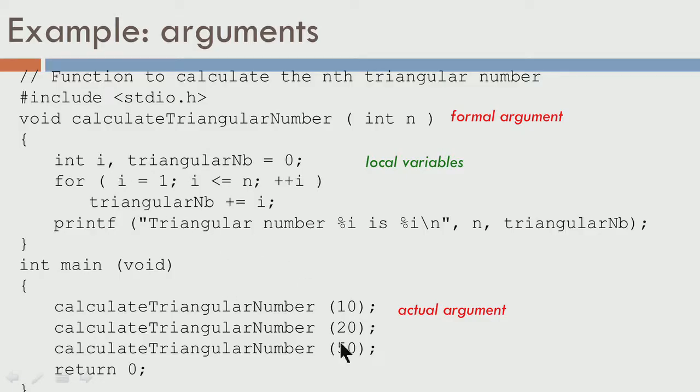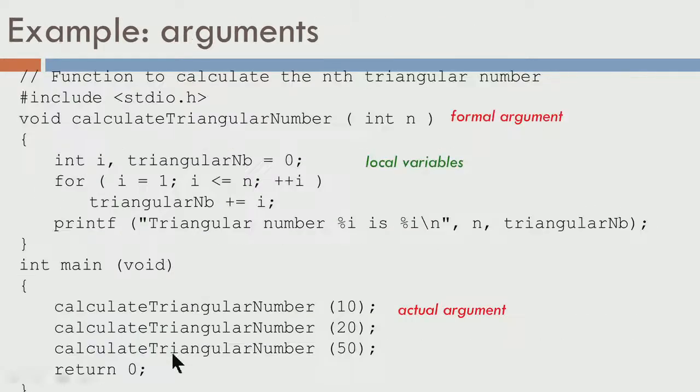So, you have 20; when you go back here, triangular NB is again created, I is again created, you initialize triangular NB to 0, you do the computation, the result is printed on the screen, and when you return from the function, I and triangular NB vanish automatically. So, automatic variables are both created and destroyed automatically.